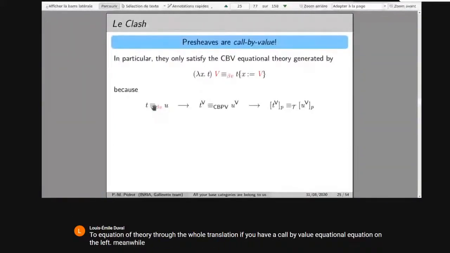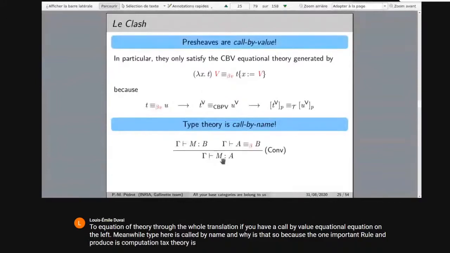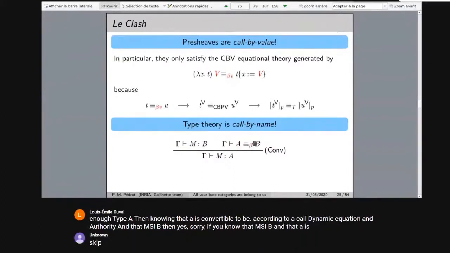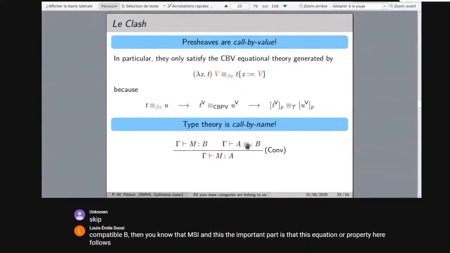Meanwhile, type theory is call by name, and why is that so? Because the one important rule that introduces computation in type theory is conversion, and it says that if you have M of type B, and that A is convertible to B according to a call by name equational theory, then you know that M has type A. And the important part is that this equational property here allows full beta reduction, so you get full call by name theory.